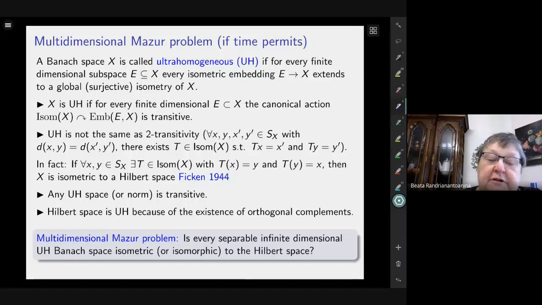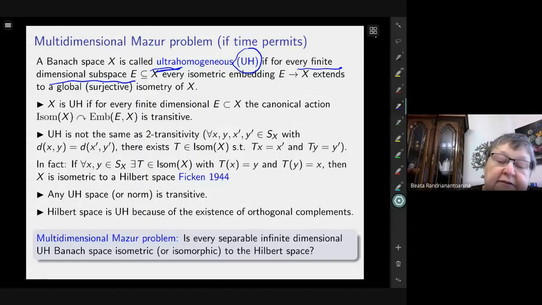So what I mean, I will introduce this difficult to pronounce word, which I will call simply UH, ultra homogeneous, right? Ultra is the strongest word I can think of. So what we have is that every isometry on a finite dimensional subspace extends to a global isometry.